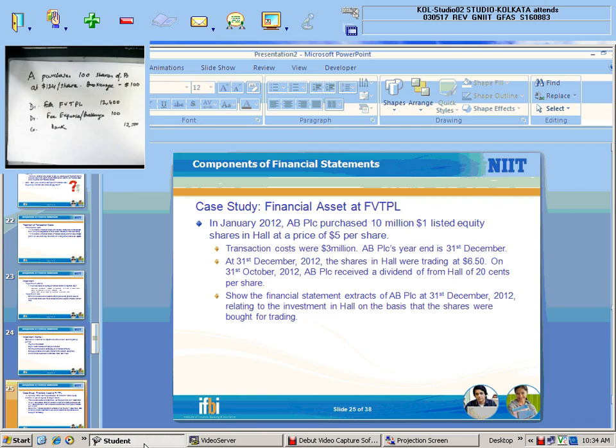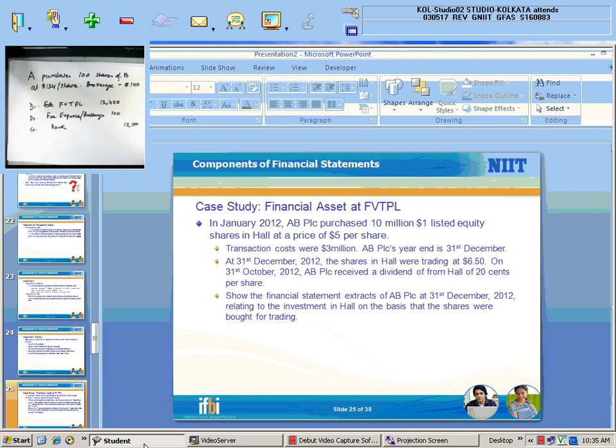Transaction cost was $3 million. REV PLC's year end is 31st December. As at 31st December 2012, the shares in Hall were trading at $6.50. On 31st October 2012, REV PLC received a dividend from Hall of 20 cents per share. So, the financial statement extracts of REV PLC as at 31st December 2012, referring to the investment in Hall, on the basis that the shares were bought for trading.